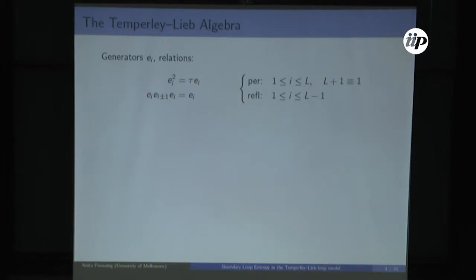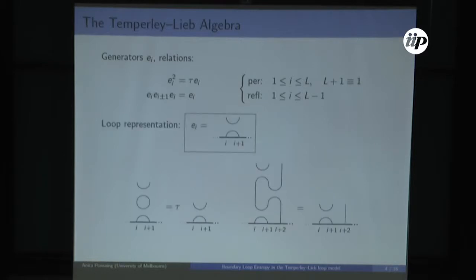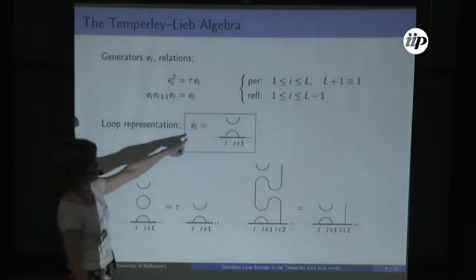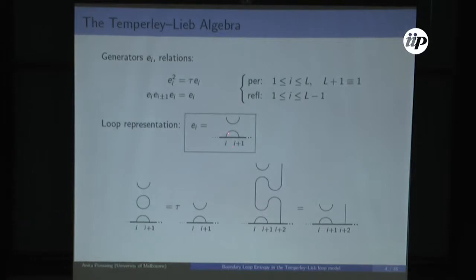And the second relation is this. For the sake of the loop model, the best representation to choose involves drawing e_i as this picture, acting between sites i and i plus 1, so between neighboring sites. And multiplication means concatenation of the pictures: multiply on the left, that means you concatenate the picture onto the top.